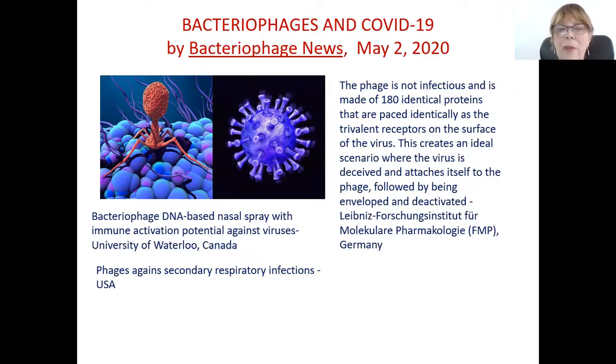So there were several directions to use bacteriophage against COVID. One of them was that the phage that is not infectious and is made of 180 identical proteins that are placed identically at the trivalent receptors of the surface of this virus. So they have the common receptors.